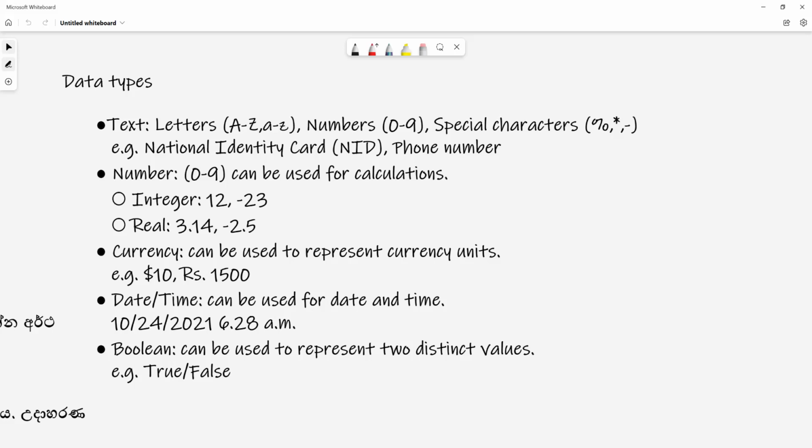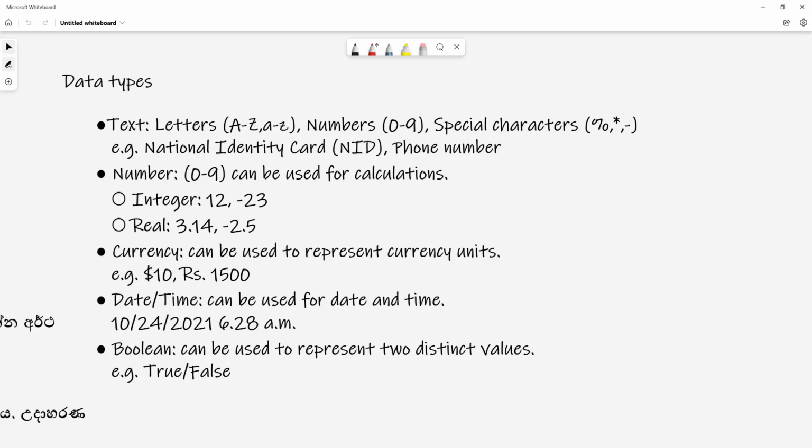So whenever you represent any financial information, you better use a very precise data type, which in this particular case is known as the currency data type. It takes more space, but then again, precision is more important.